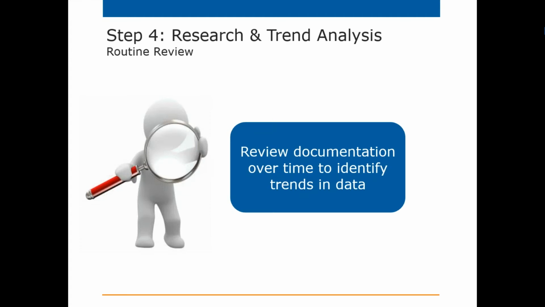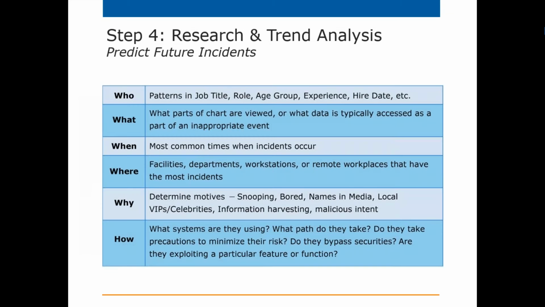So we're going to review our documentation over time to see if there are any patterns of behavior. When we're talking about patterns of behavior, we want to use those patterns to predict future incidents. We want to look at previous who, what, when, where, why, and how, so that we might predict future incidents or future occurrences.